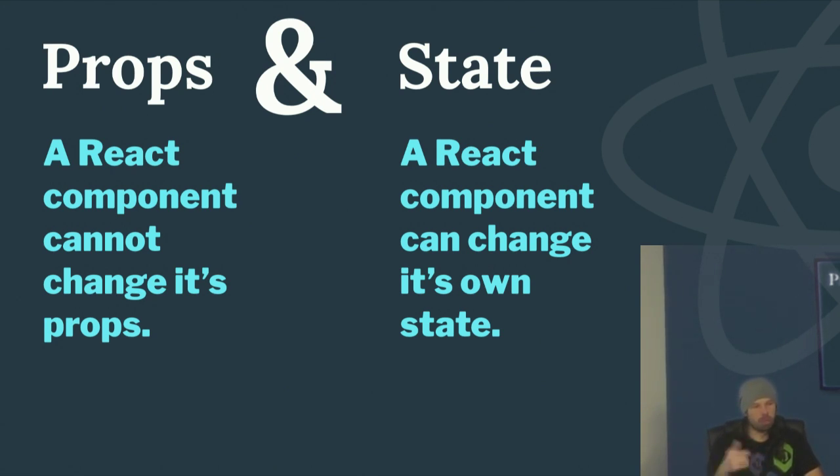So while a component can be passed props from outside, it cannot be passed state from outside. It can be passed props that you can set as state, but the state itself exists only inside of the component. No one else has access to it. So this is the main thing we want to remember when it comes to props and state. Major difference in how we decide how we use these things. Okay.